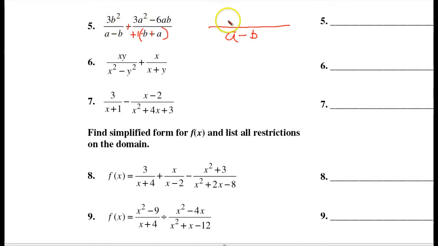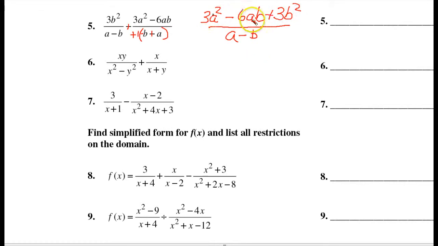So let's put it in some sort of order here. We have a 3a squared, put that one first, minus 6ab. Now we don't have to reverse any signs because of what we did here. And this becomes plus 3b squared.